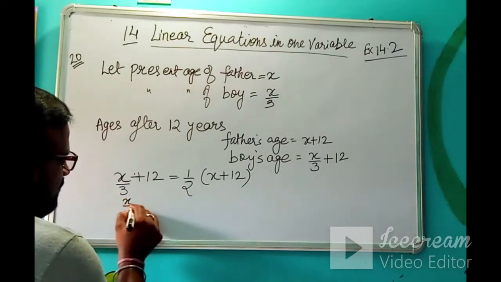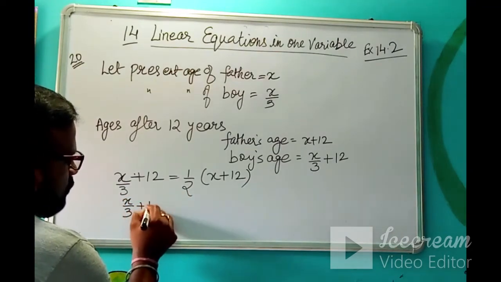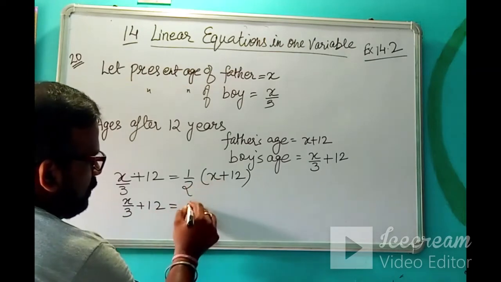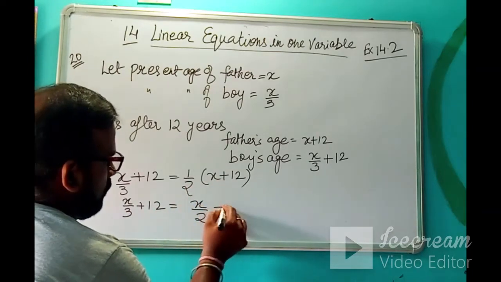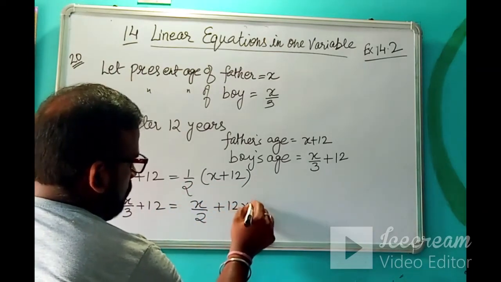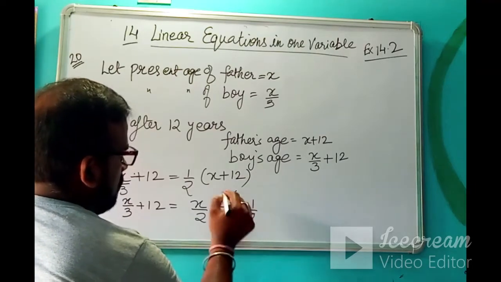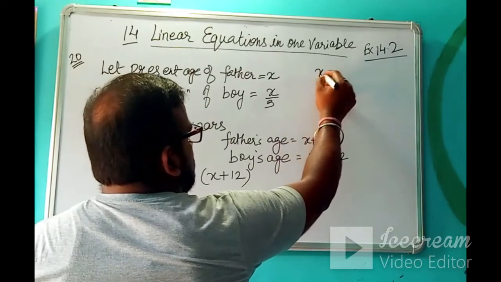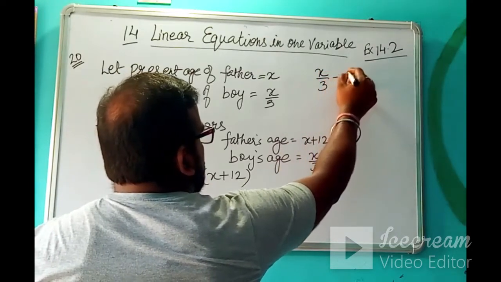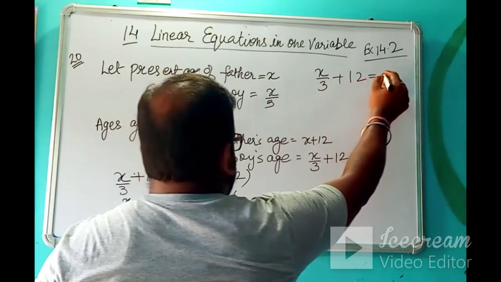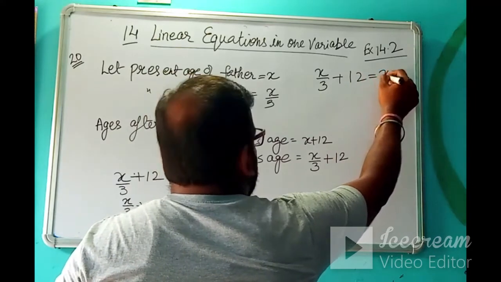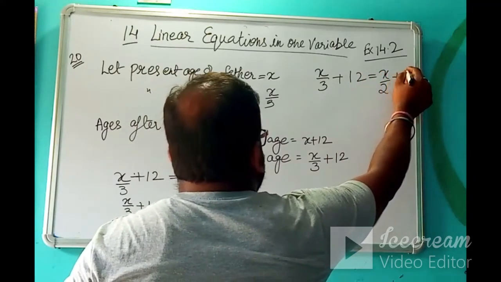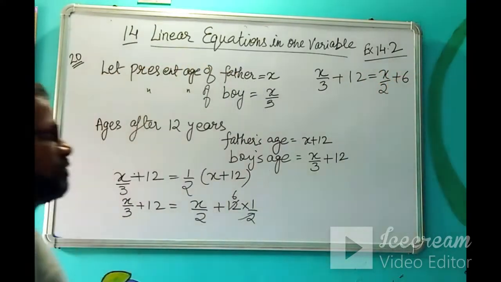So it becomes x upon 3 plus 12, and we will take 2 inside. It becomes x upon 2 plus 12 into 1 by 2. So finally what will be our equation? x upon 3 plus 12 equals to x upon 2 plus 6.